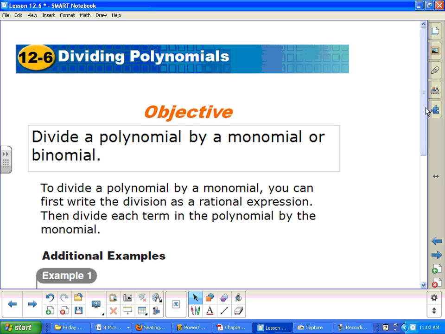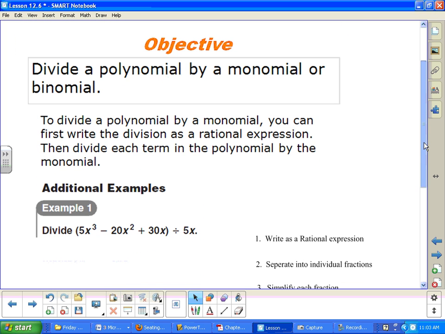So in our dividing here, actually all we're going to be doing when we're dividing polynomials is what we've already been doing. When I ask you to divide and then we factor and simplify, that's about all it is. And that's all we're going to look at really is that part. So we're doing something we've already done, and we're just going to get a little more practice at it. Now the one thing that we're adding to it is dividing a polynomial by a monomial.